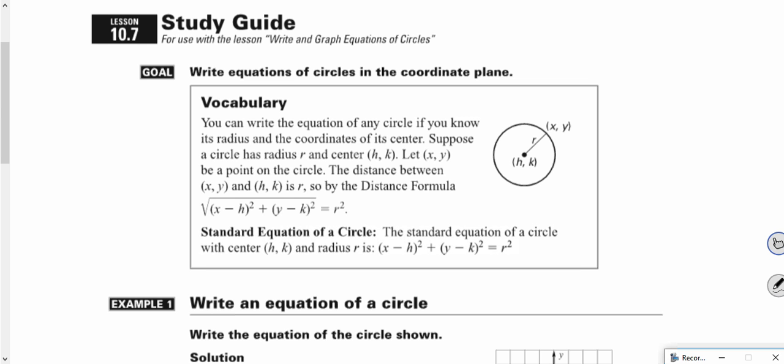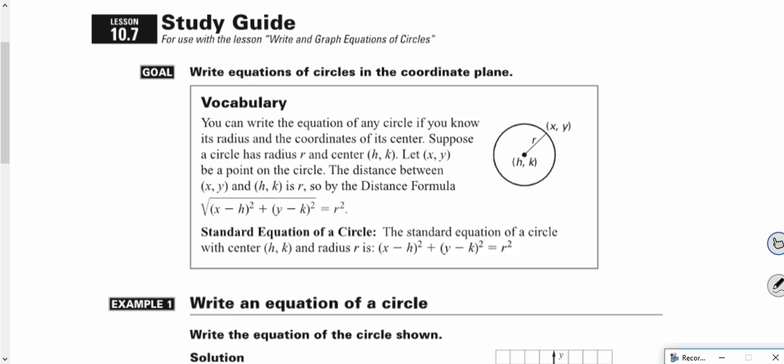So vocab here, you can write the equation of any circle if you know its radius and the coordinates of its center. Suppose a circle has radius r and center (h, k). Let (x, y) be a point on the circle. The distance between (x, y), which is a point on the circle.